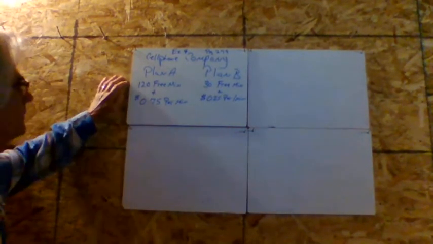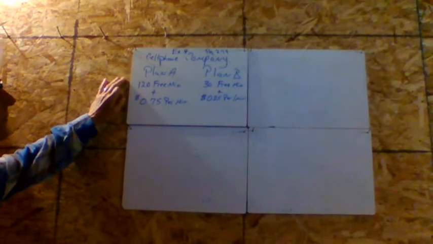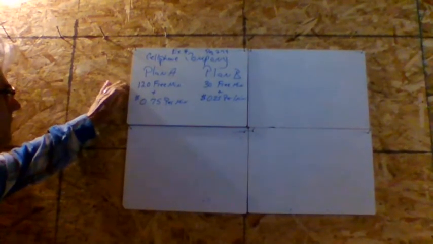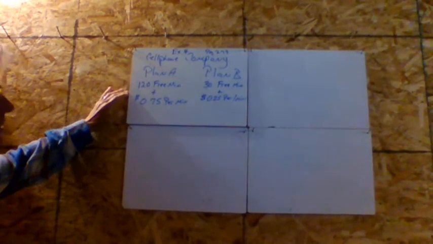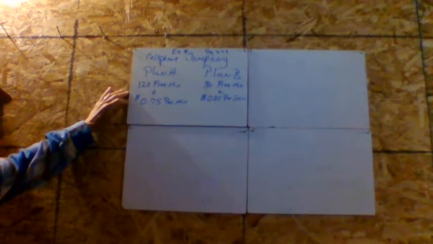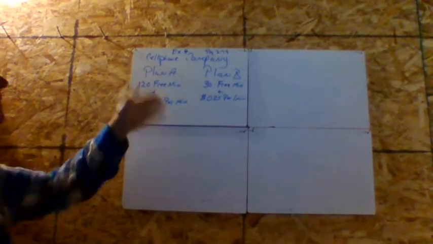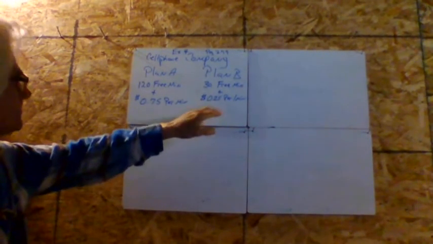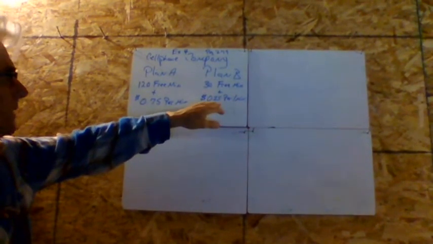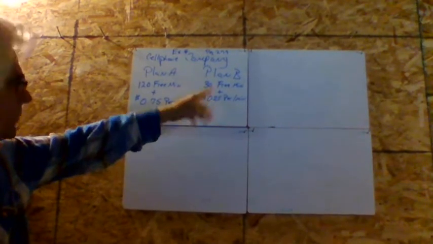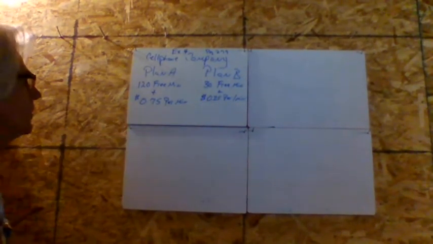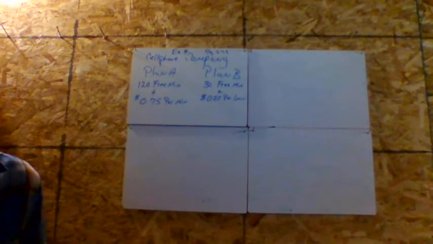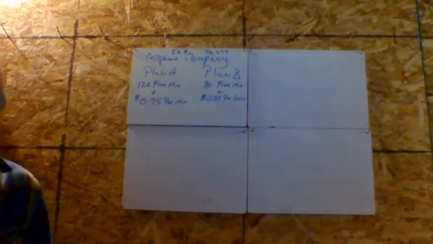Plan A, they're going to give you 120 free minutes, plus then they're going to charge you 75 cents per minute. Plan B, they're going to give you 30 free minutes, and then they're going to charge you 0.25 or 25 cents per minute. And what they've asked us to do is to model the problem with an equation.